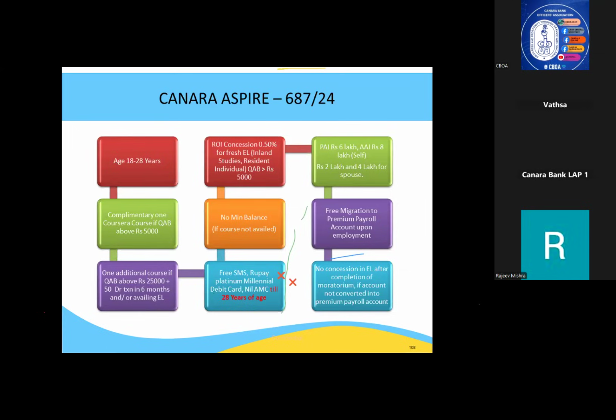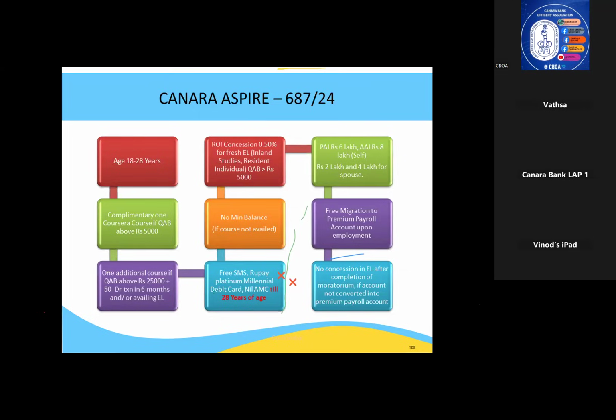You can go through it. It is extended even for Canara Angel and Canara Payroll package customers. Canara Payroll package customers, Canara Angel customers, Canara Aspire customers, all the three variants' customers, if they maintain an average balance of 2,000 per month, then they can avail one Coursera course free for their benefit.